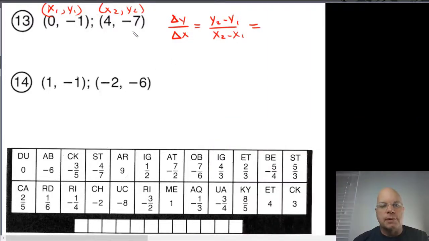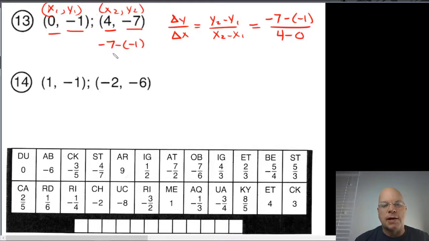Okay, for 13, I'm going to start here, -7 minus -1. And my delta x, 4 minus 0, that part's easy enough, that's just 4. But the -7 minus -1, maybe I want to do that on the side here and apply the definition of subtraction.